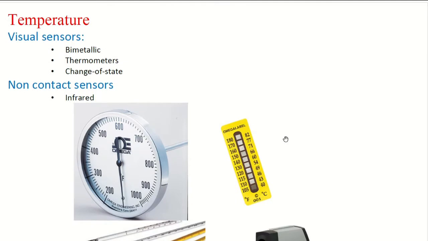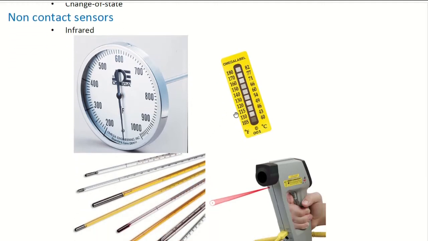Okay, so first of all, we will review some temperature sensors. You have visual sensors that are used by humans, like the bimetallic thermometer, change of states. For example, for fish tanks, you can observe the temperature of the fish tank using some colors on this kind of sensor, or with non-contact sensors that we have found a lot in these last 2 years because of COVID.